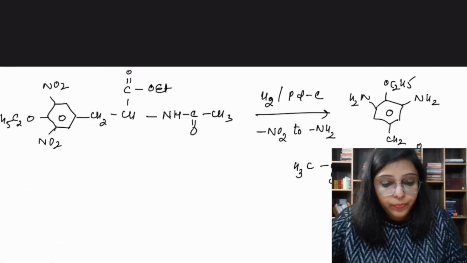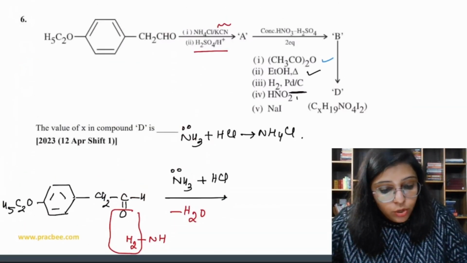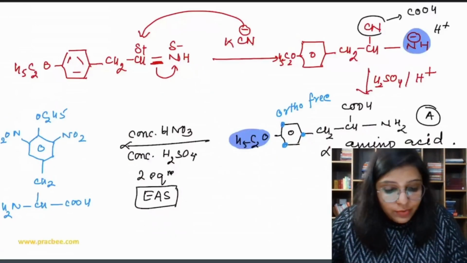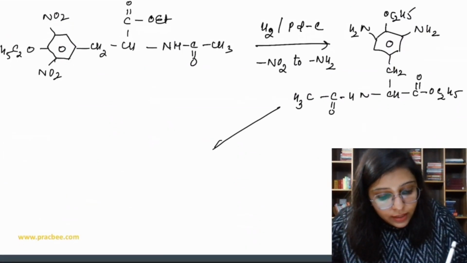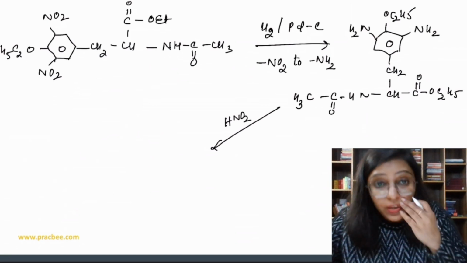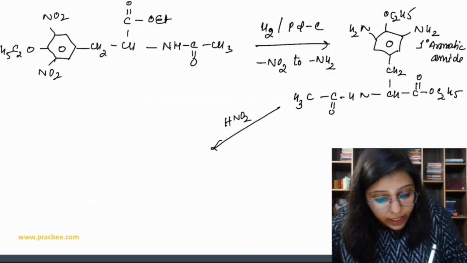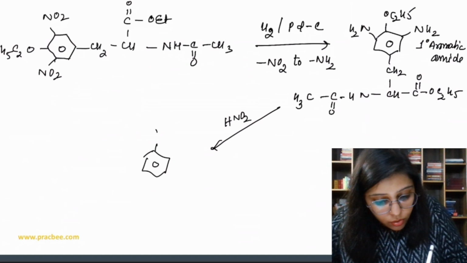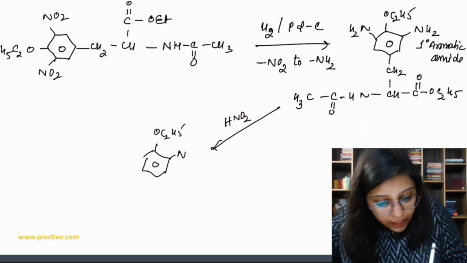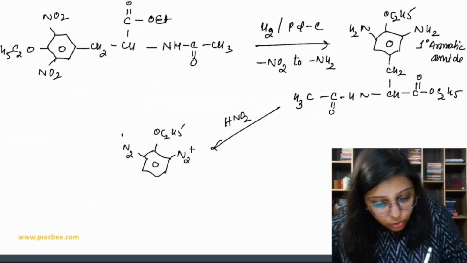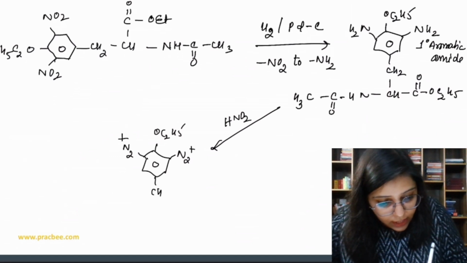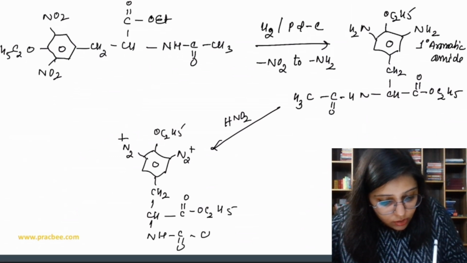Next step, HNO2 and then NaI. So first we are going to form benzene diazonium chloride. So HNO2, we are going to form it because this is a 1 degree aromatic amine. So we form benzene diazonium chloride. So we write OC2H5, N2 plus, N2 plus, and here we write CH2, CH, C double bond O, OC2H5 and NH, C double bond O, CH3.